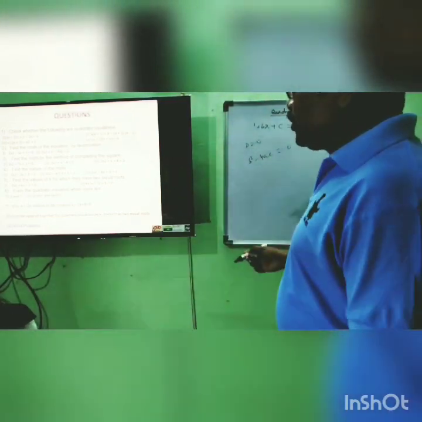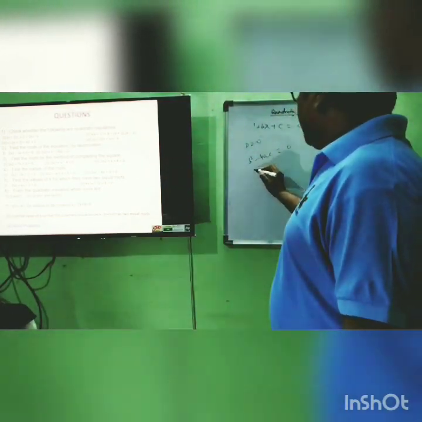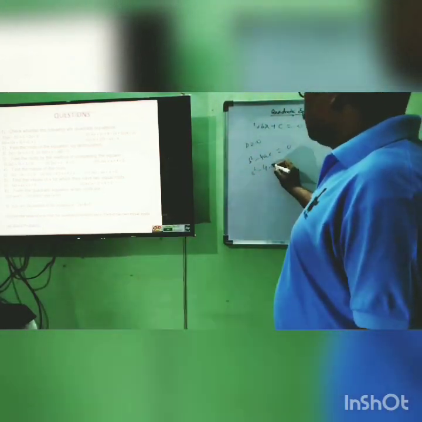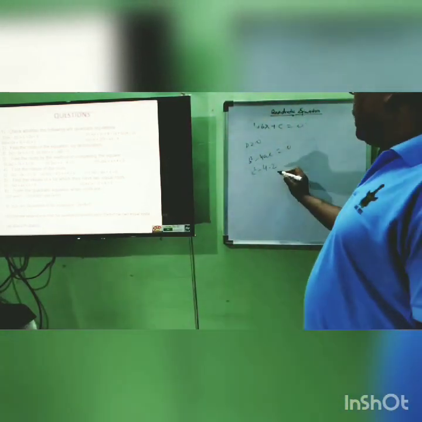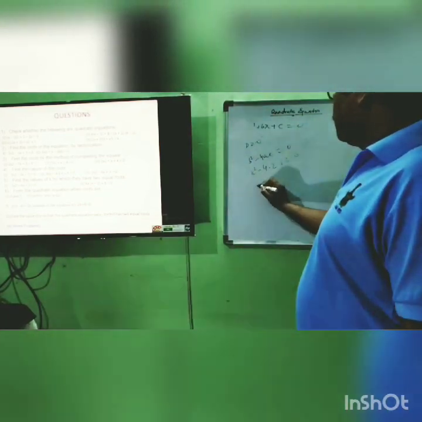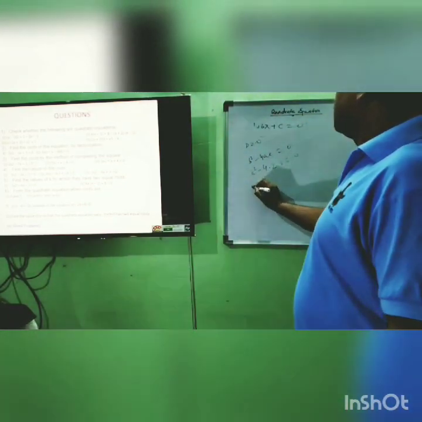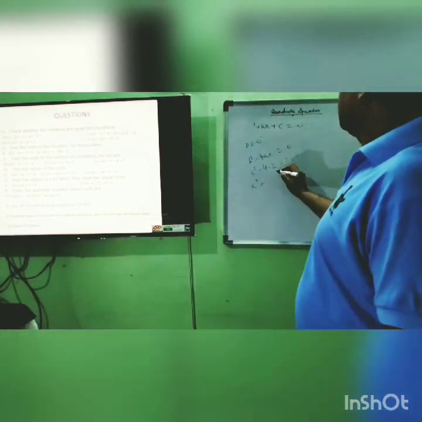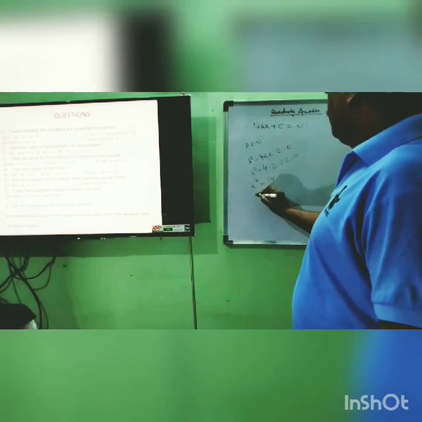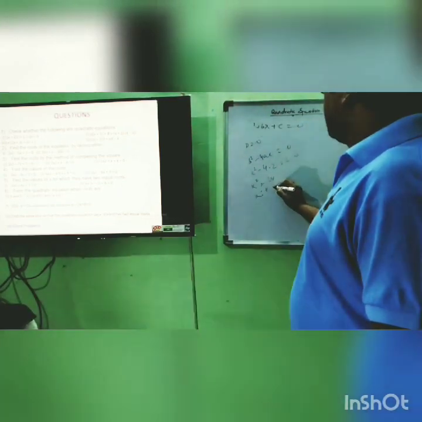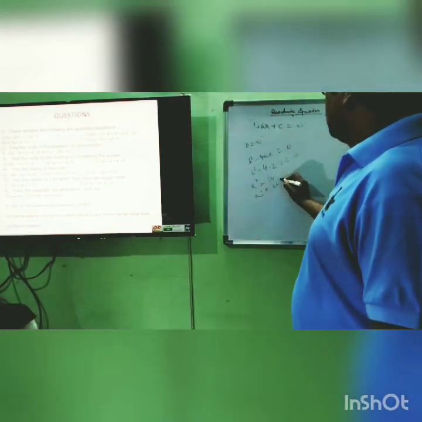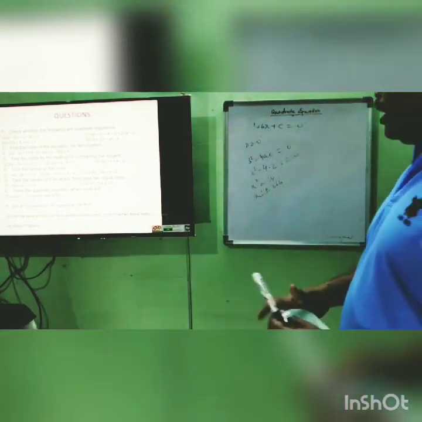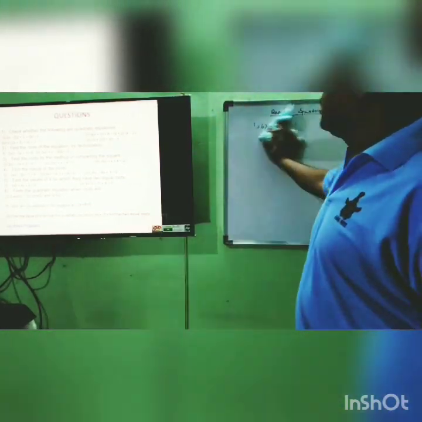In the first example, b is k, a is 2, c is 3. So k square minus 4 into 2 into 3 equal to 0, means k square equal to 24, or k equal to plus minus 2 root 6. These are the values of k. Okay, like this you can calculate.